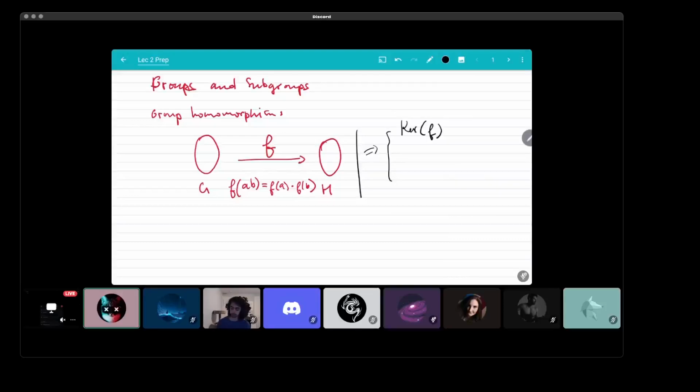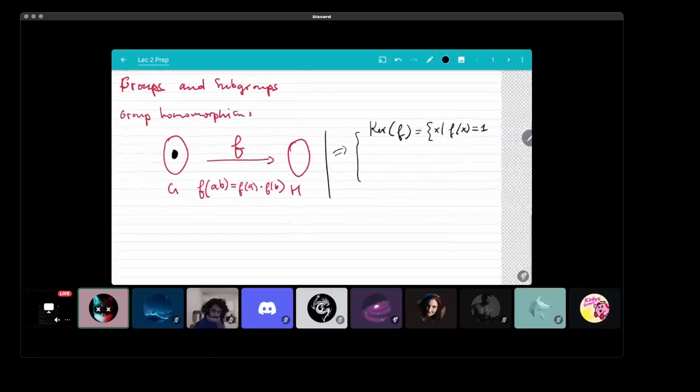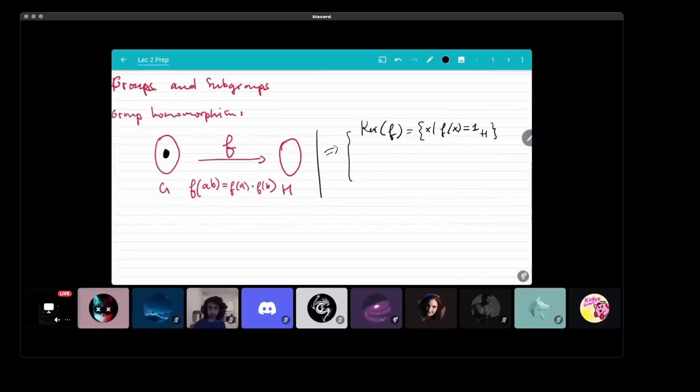a subgroup of the original group, the set of all elements that are mapped to the identity element of H, so such that f of x equals the identity, and the image of f, which is just the set of all elements mapped from G. So that's why it's called image.